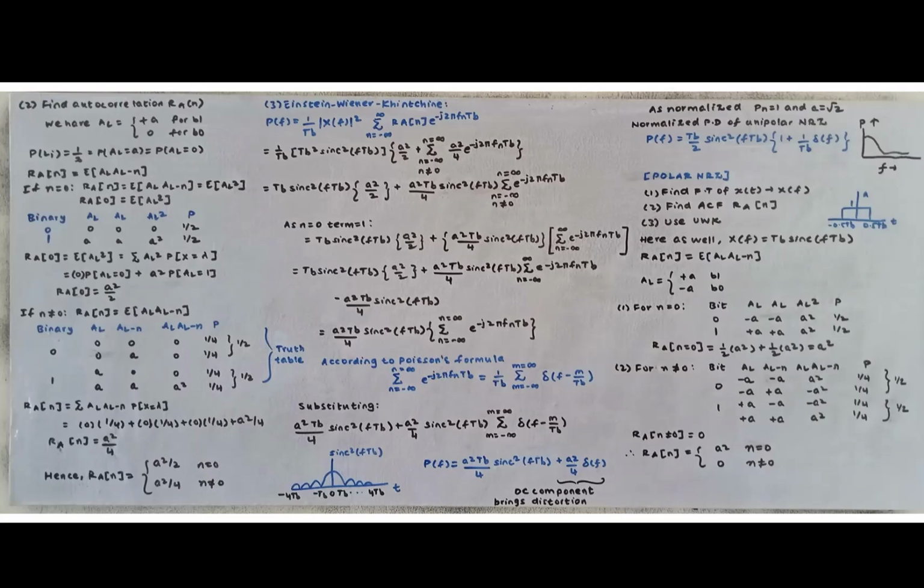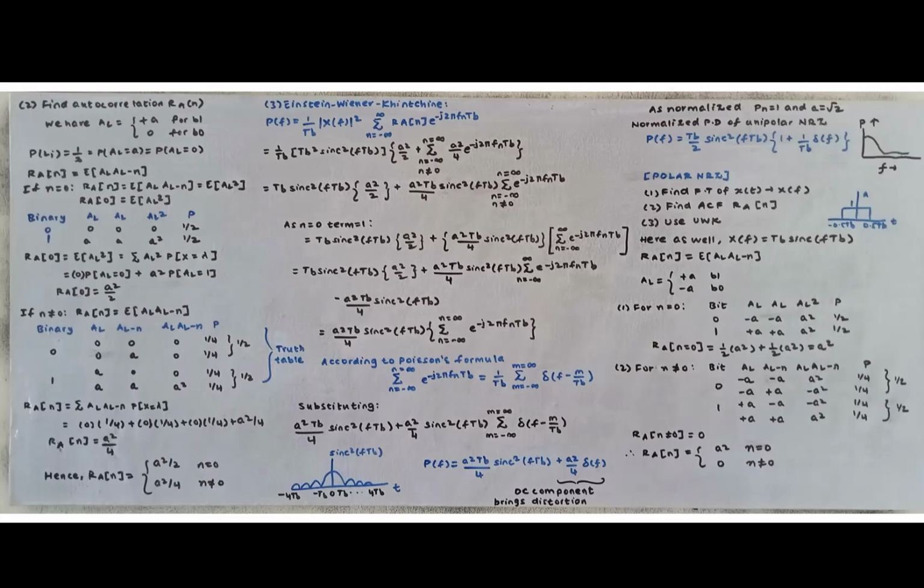So you put A squared by 2 elsewhere, and you mark n not equal to 0 under the summation sign. And then because the n equals 0 term is already taken out, you replace all of that, and then you have some annoying Poisson's formula. Honestly, nobody cares about all this. Just write the Einstein-Wiener-Khinchin equation.